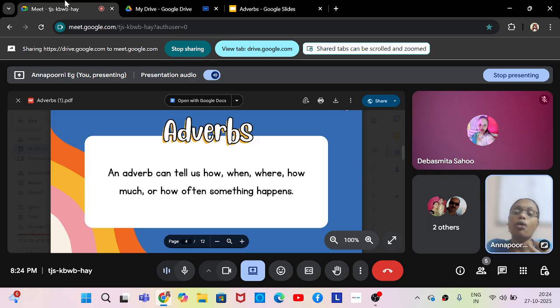Now next is how much. Generally for this question we write answers like little, some, lots of, a lot of, etc. Or even you can specify an amount.